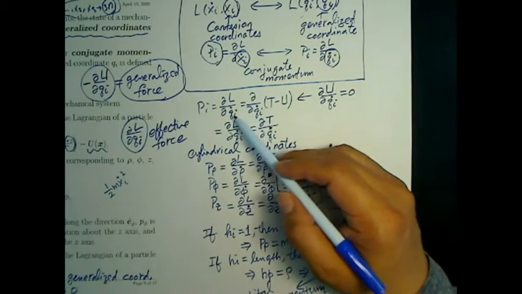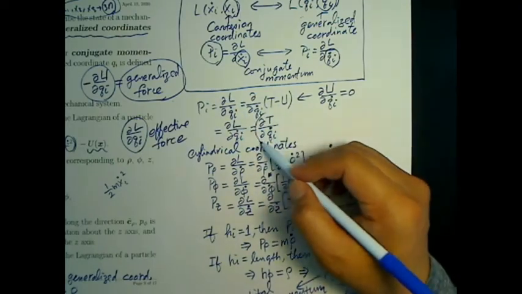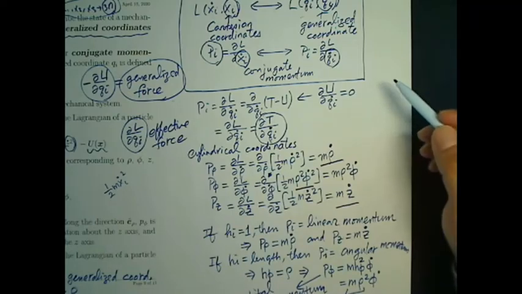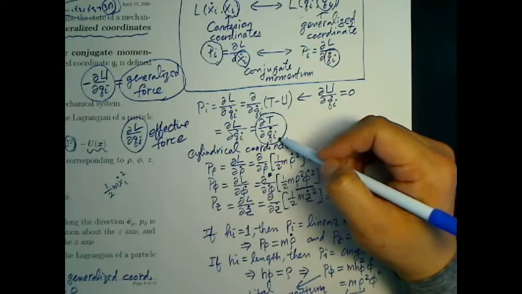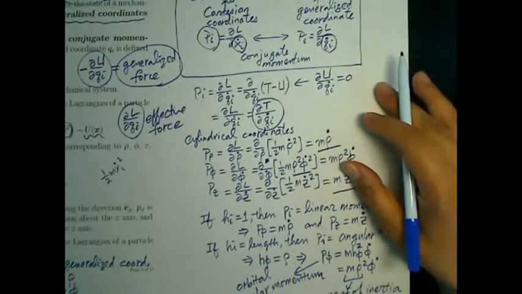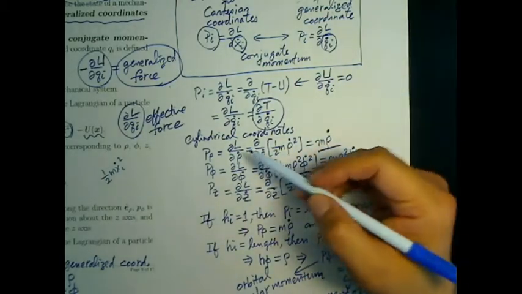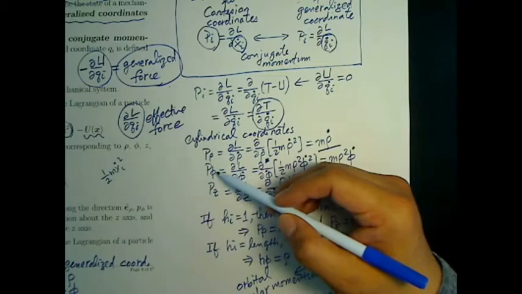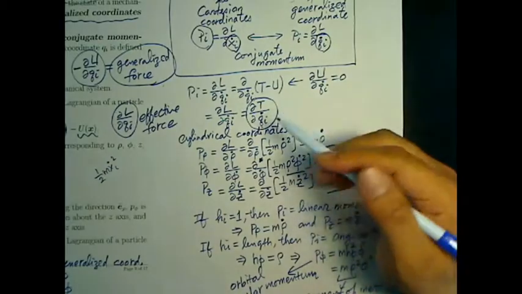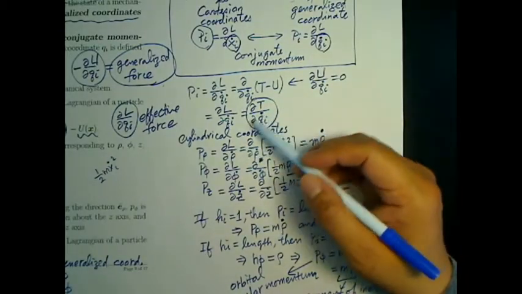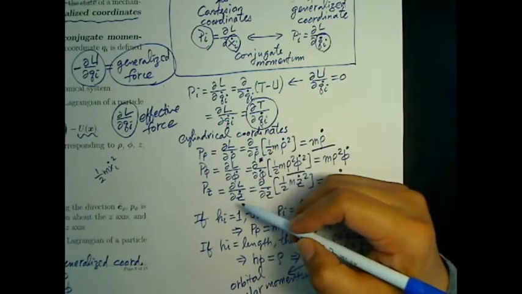Therefore, this partial derivative is equivalent to the partial derivative of the kinetic energy with respect to Qi dot. If we consider the cylindrical coordinates, P rho, P phi, Pz can be obtained by taking the partial derivative of the kinetic energy, because U is independent of rho dot, phi dot, and z dot.